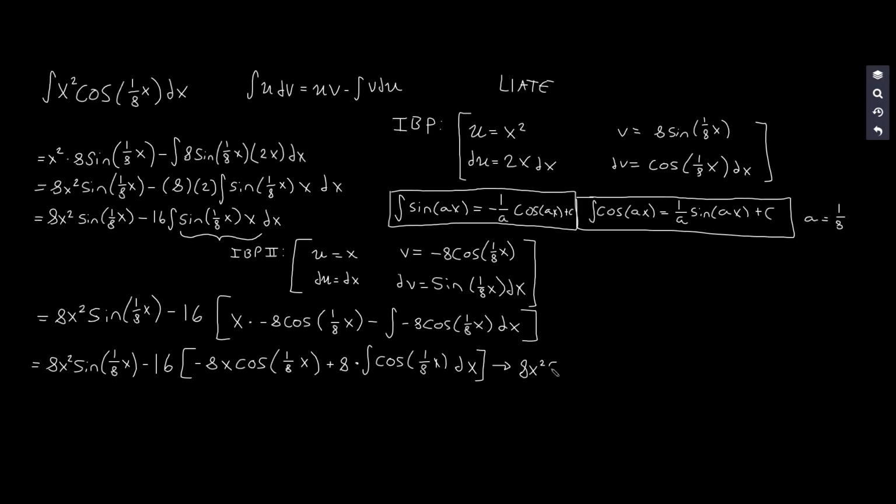x squared times sine of 1 over 8 times x minus 16 times negative 8 times x times cosine of 1 over 8 times x plus 8. It's getting real small. So this is going to be plus 8 times the integral of cosine.